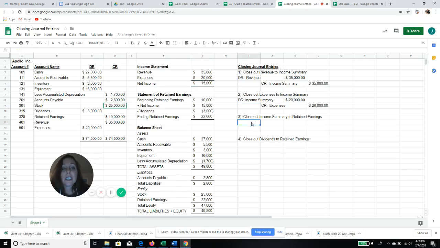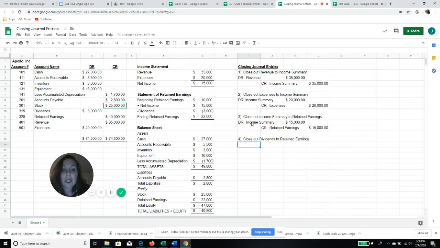I want to zero out Income Summary, so I'm going to debit Income Summary for $15,000. And I'm going to close out Income Summary to retained earnings. So I'm going to credit retained earnings for $15,000. All right. I've done my 3 journal entries with Income Summary. They're all done. My Income Summary account is now zero.